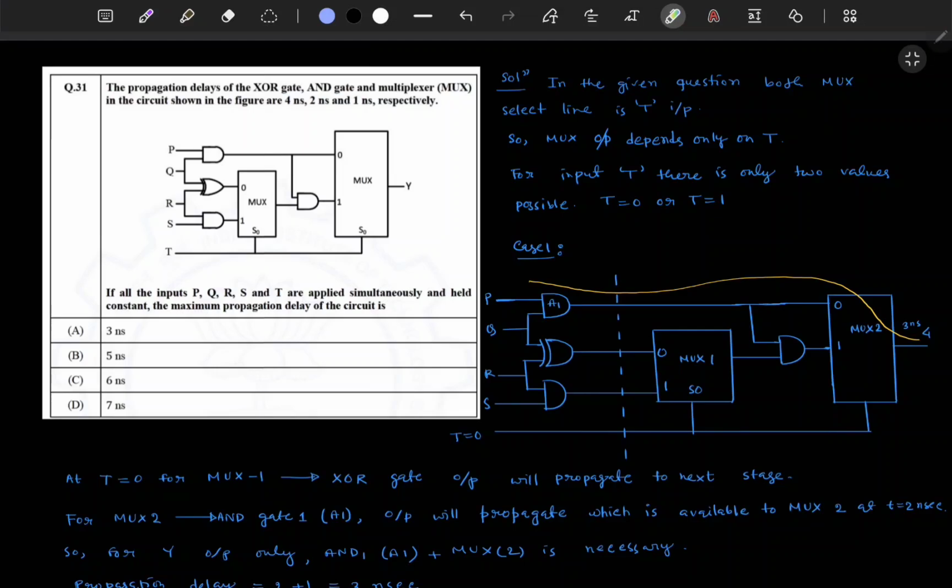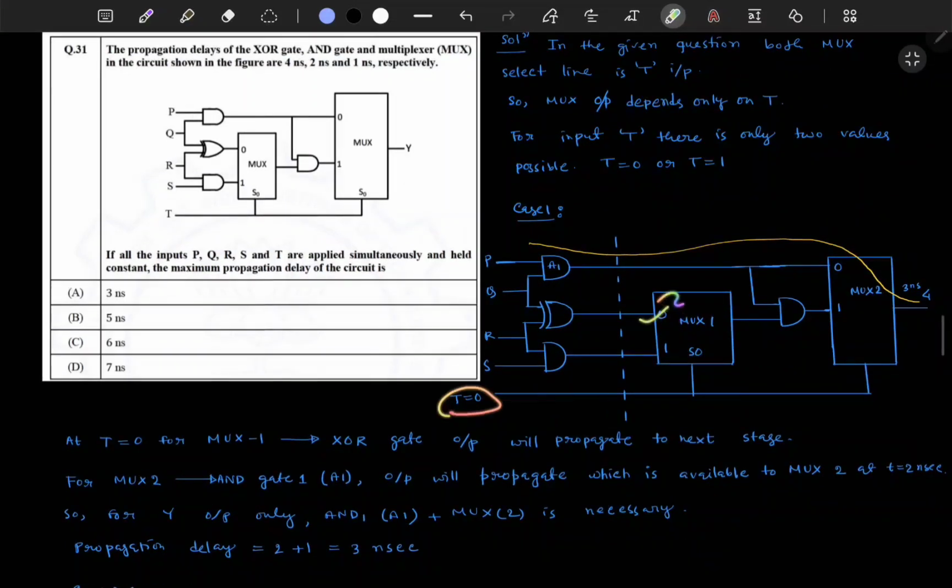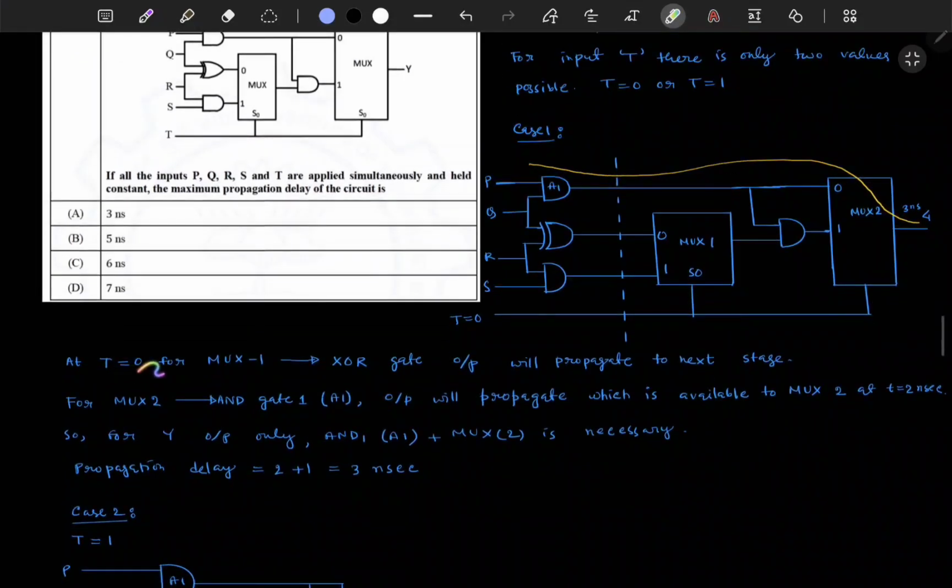Now for T equal to 0, this 0 input will be selected for both the muxes. Because T is going to both the muxes, at T equal to 0 for mux 1, the XOR gate output will propagate to the next stage. This XOR gate output will come here for T equal to 0, and for this mux, for T equal to 0, this AND gate output will come to this output.